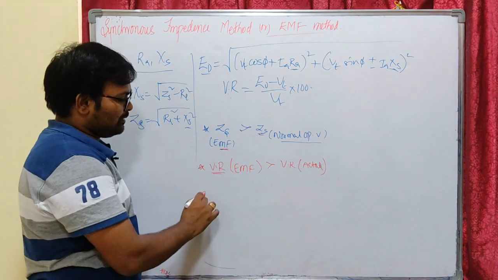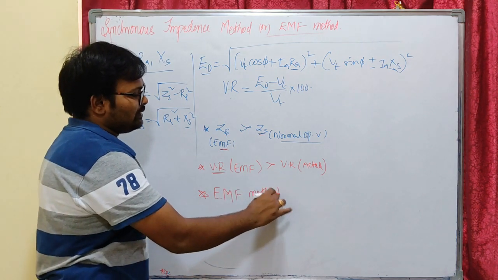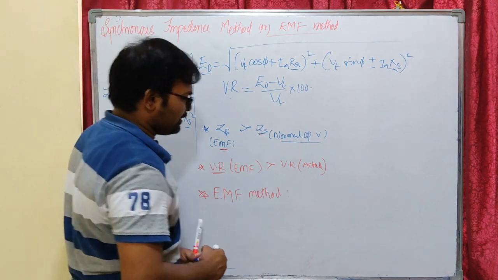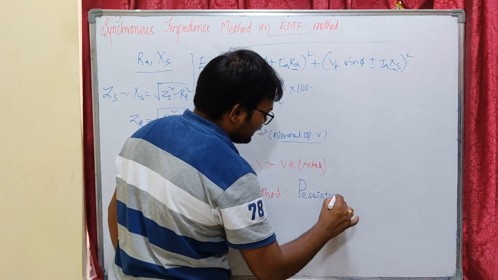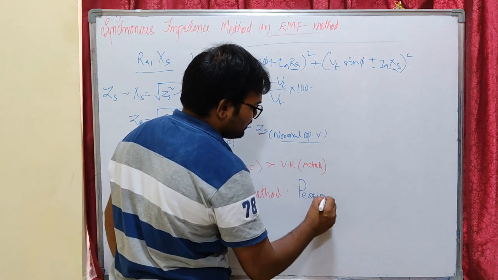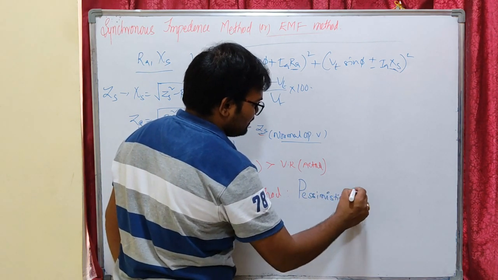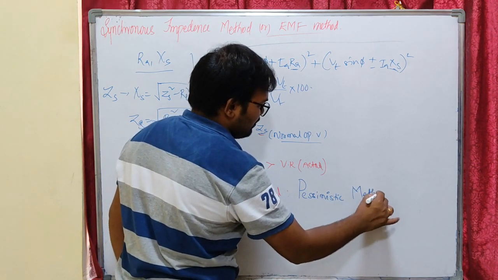That's why this method, the EMF method or synchronous impedance method, is also called the pessimistic method, because it gives a more value than the actual voltage regulation of the machine. Pessimistic means more value than actual. Okay, this is important.